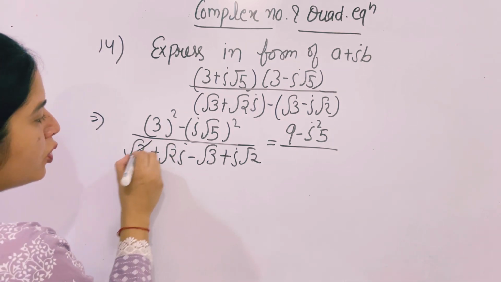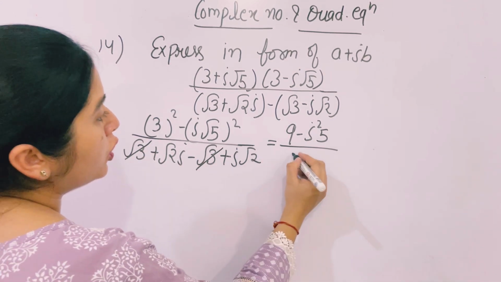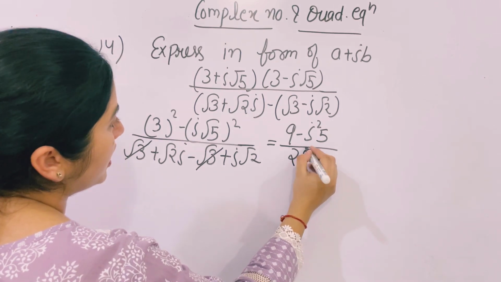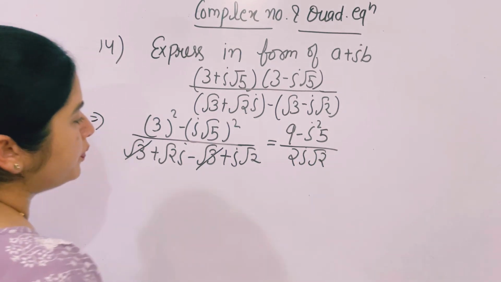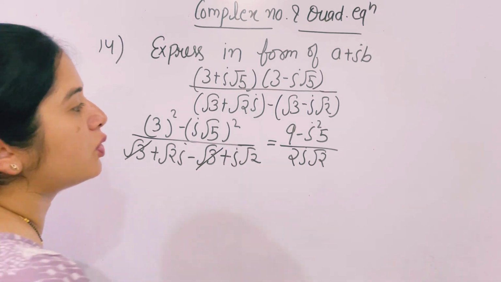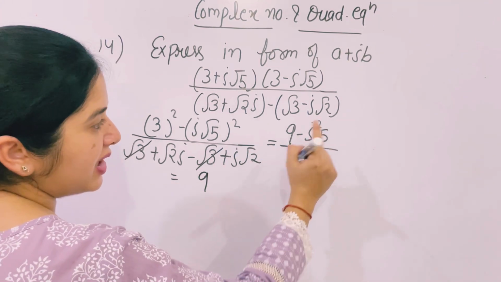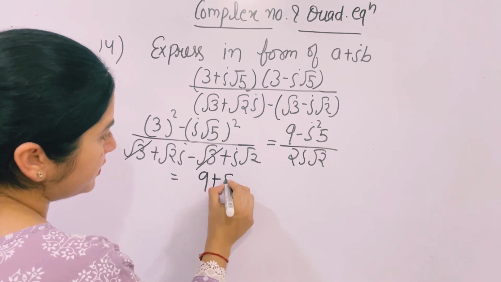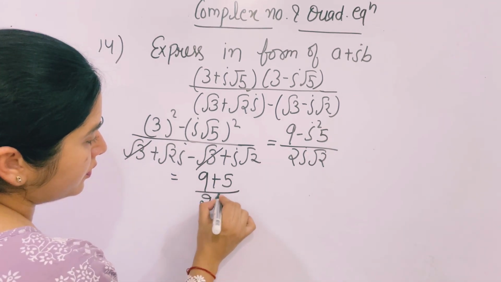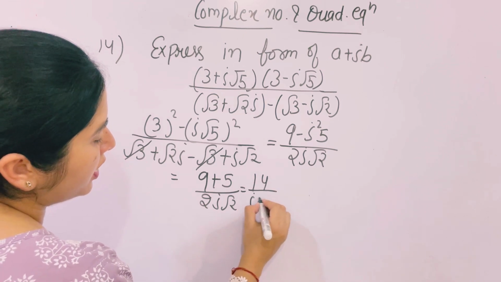Here you can see root 3 plus root 3 minus cancel out. It becomes 2 iota root 2. Iota root 2 is 2 times, so it becomes 2 iota root 2. 9 minus iota square is minus 1, minus minus plus. It is 14 upon 2 root 2 iota.